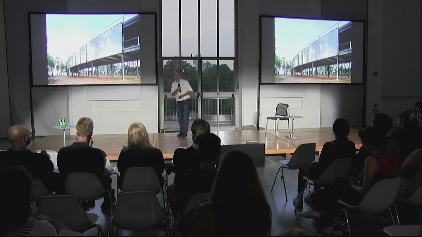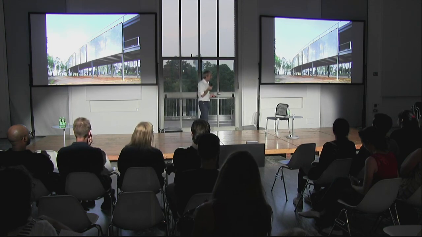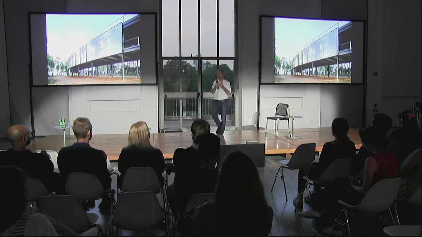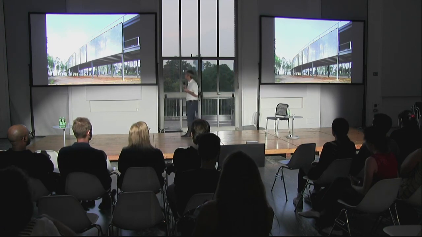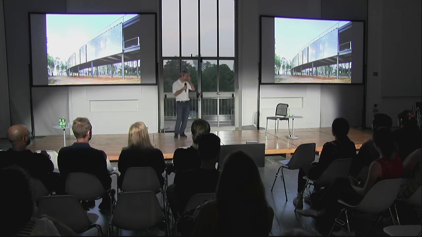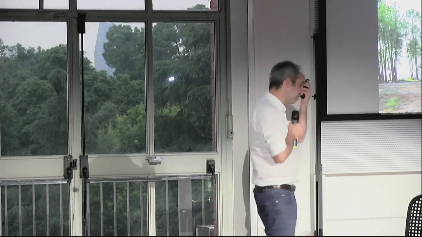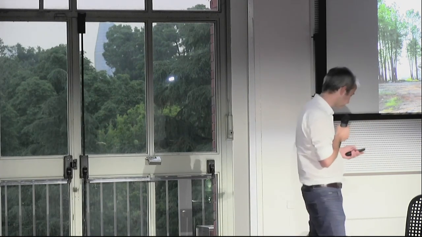Somehow, our idea was that integration on this place has to be made by contrast, as different as our project will be to the surrounding or to the territory itself, as much as it will be the integration on it.